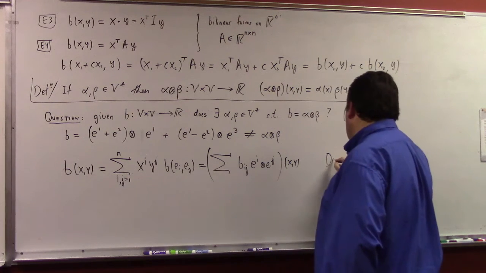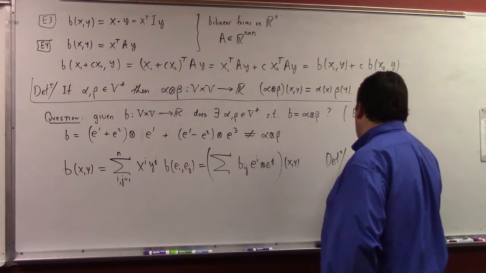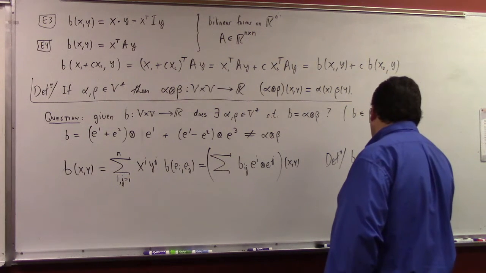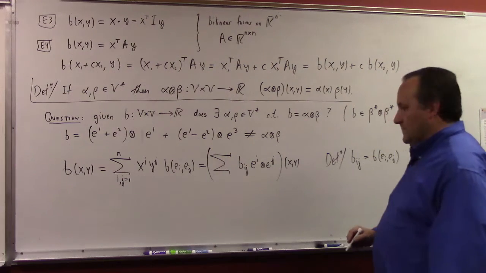So this is our definition: b sub ij is going to be B of e_i, e_j in this kind of context. Okay?